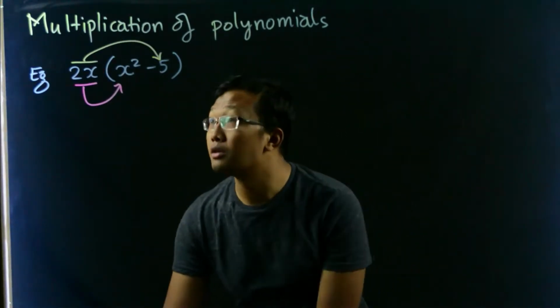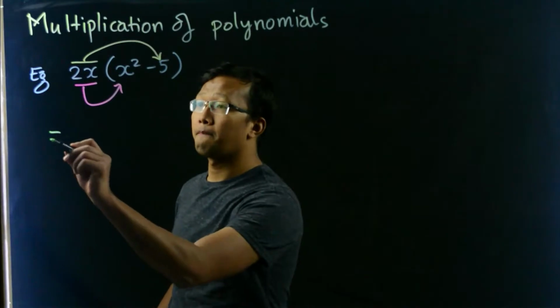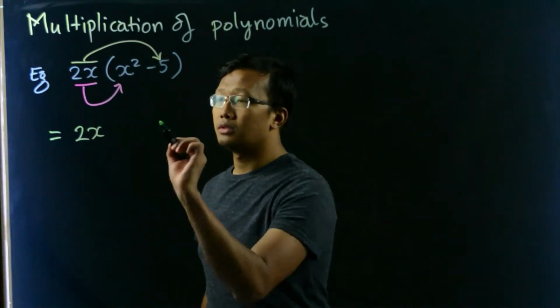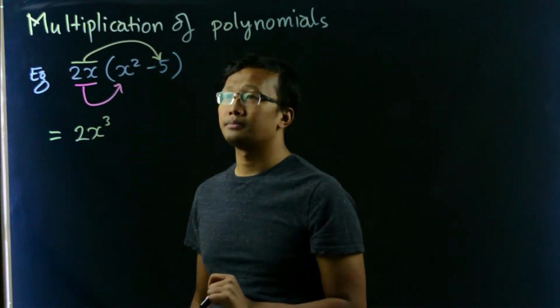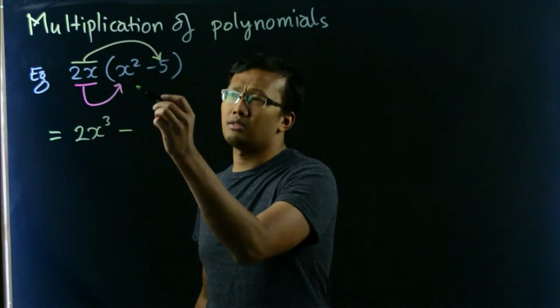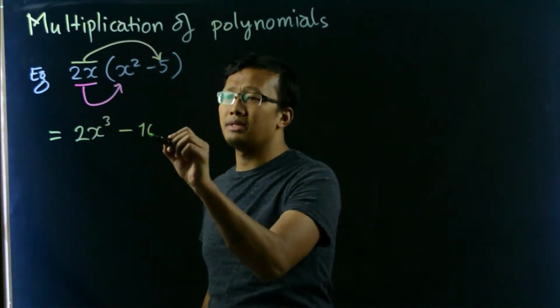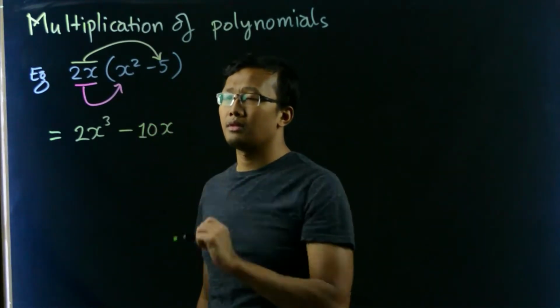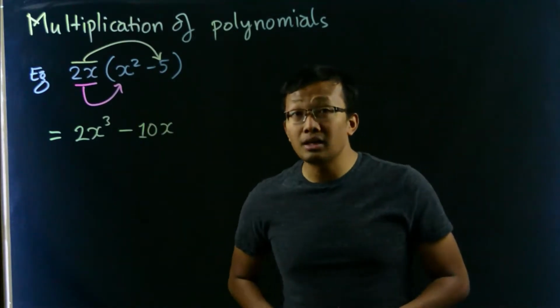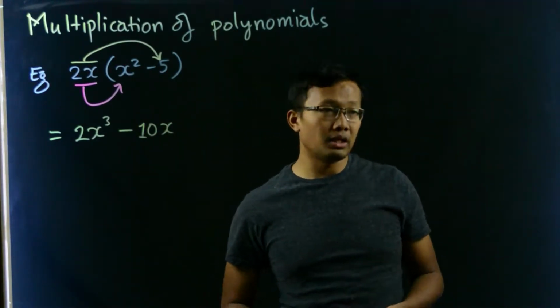Let's do that. 2x times x squared is 2x cubed, minus 2x times negative 5 is simply negative 10x. So that's our multiplication of a binomial by a monomial.